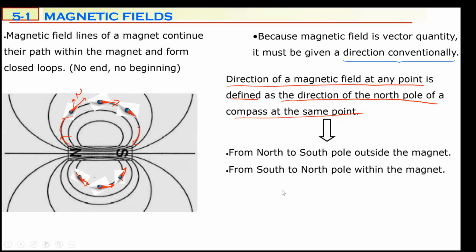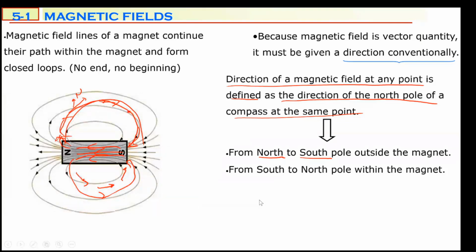The magnetic field of a magnet leaves from the north pole and enters the S pole. From north to south pole, outside. But from south to north, inside or within the magnet, it's going to be like this.